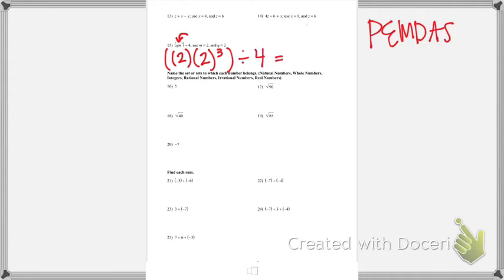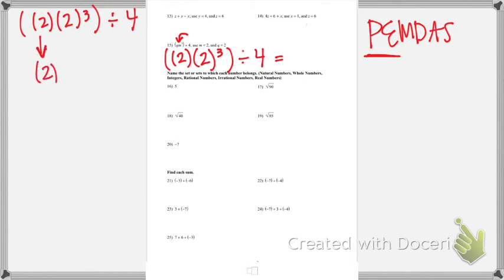So now we simplify. Just like when you have adding and subtracting together, or when you have multiplying and dividing together, you work left to right. In this case, when we have parentheses and exponents, we're going to work left to right. Okay, so we have our 2. Now I'm actually going to move over here where you can see this better. We have our 2. There's nothing we can do with it.